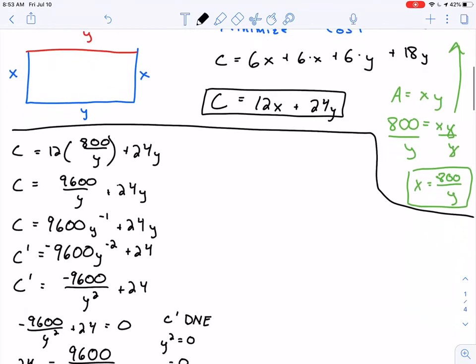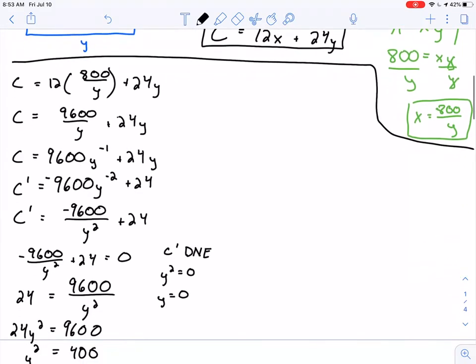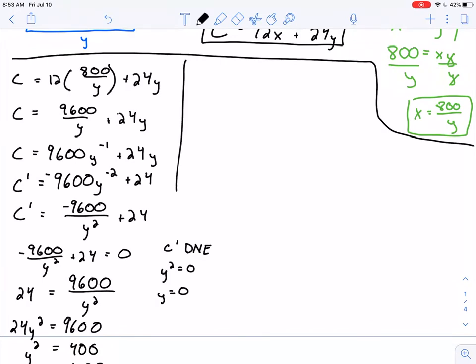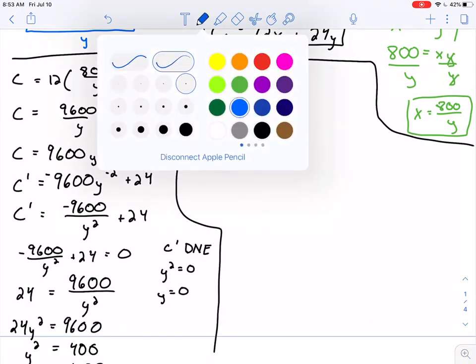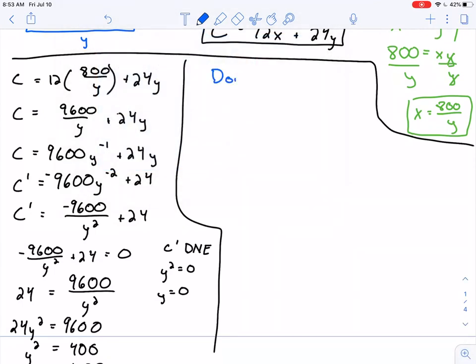Let me section this off. I'm going to think about the domain in a different color. It's a little bit confusing, so I'm going to call it the domain of y, the values that make sense for y.